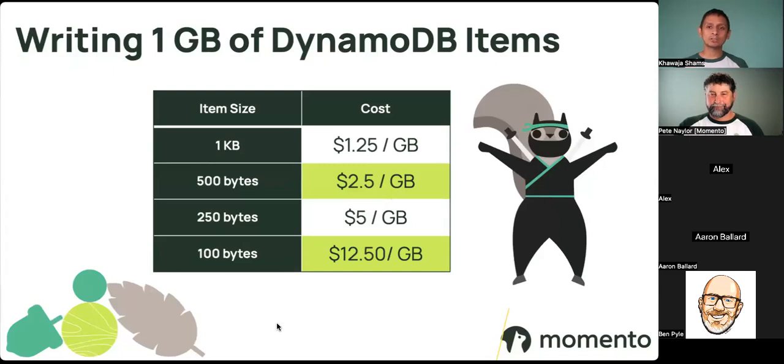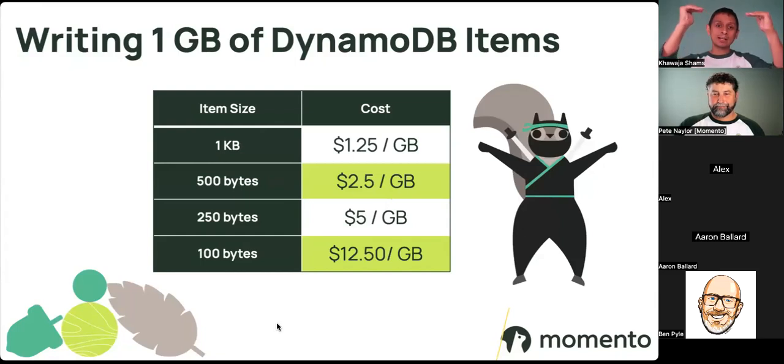Now, if you start to think about DynamoDB write pricing as dollars per gigabyte, the answer actually starts to vary based on your item size. So if you're writing a 1 kilobyte object, writing about a gigabyte, you're going to pay $1.25. 1 million 1 kilobyte items, it's about a gigabyte, and you pay $1.25.